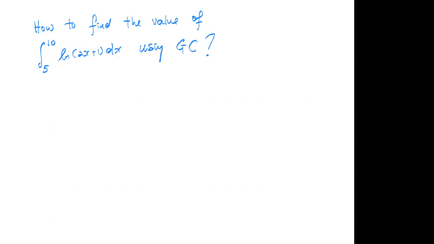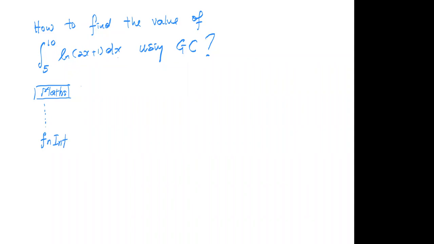Okay, everyone take out your graphic calculator. Okay, go to math. You don't know how to integrate also you can do. Go to math. Go down. Look for this one, FNINT. Yes. You got that?